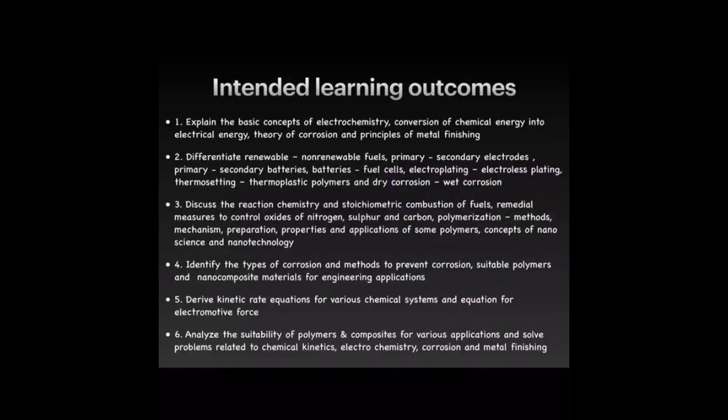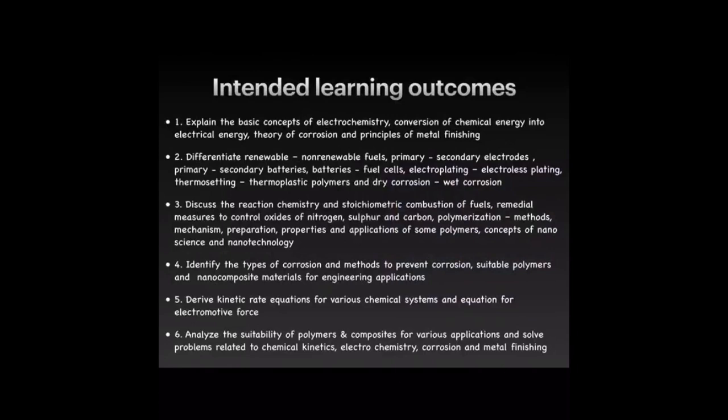You should be able to discuss the reaction chemistry and stoichiometric combustion of fuels, remedial measures to control oxides of nitrogen, sulfur, and carbon, the polymerization methods, mechanism, preparation, properties, and applications of some polymers, concepts of nanoscience and nanotechnology. You should be able to identify the types of corrosion and methods to prevent corrosion, suitable polymers and nanocomposite materials for engineering applications.